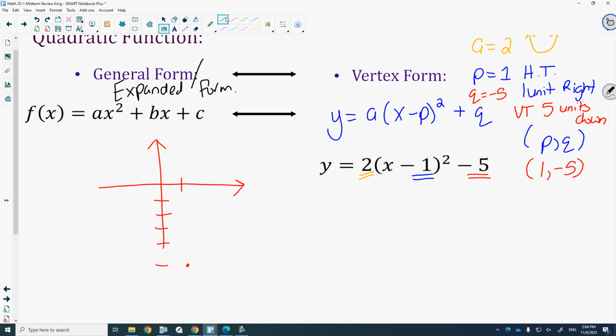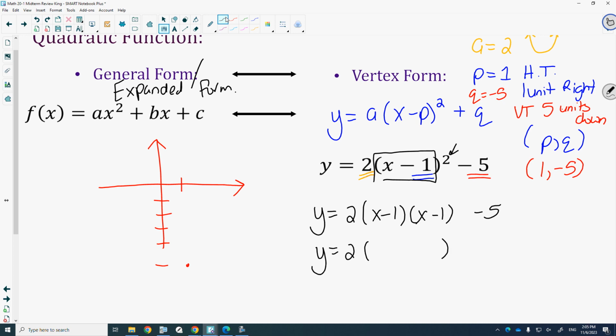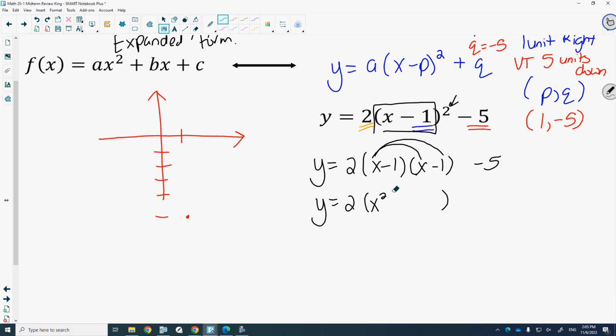So to get this into expanded form, it's going to be 2 times this binomial, which I'm going to write twice, minus 5. Y is equal to 2. Let's expand this binomial, and we're going to get x squared, then -1 times x, which will give me -2x in total, and we'll get +1.